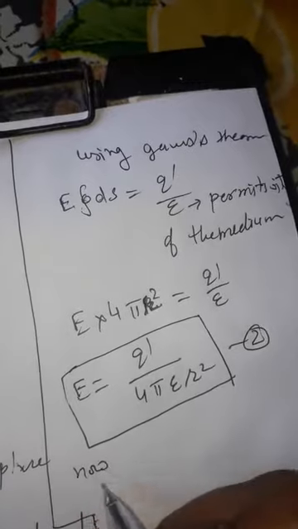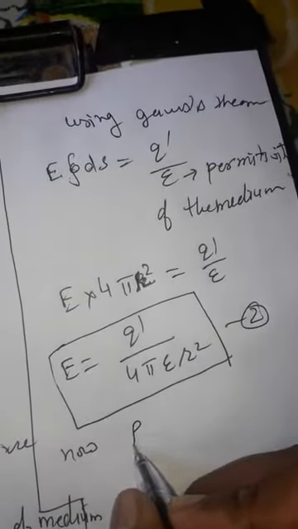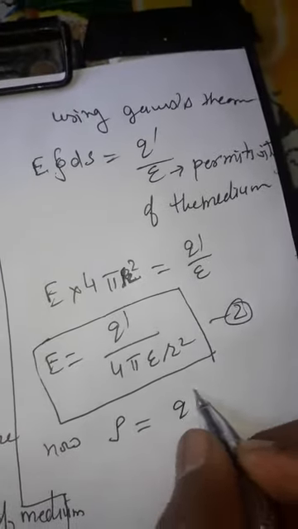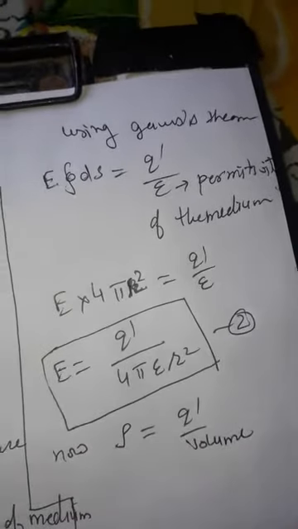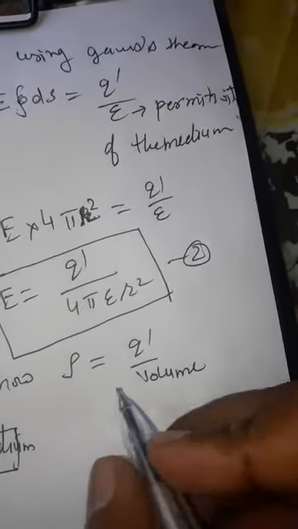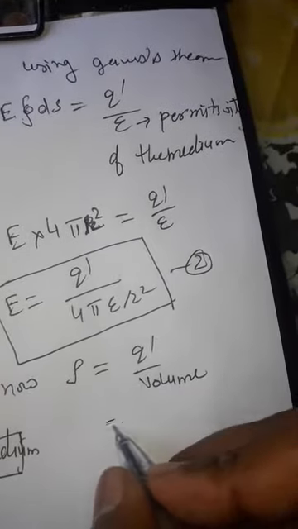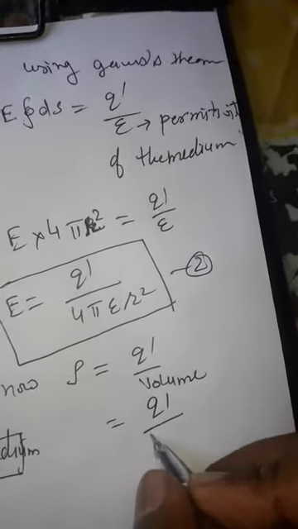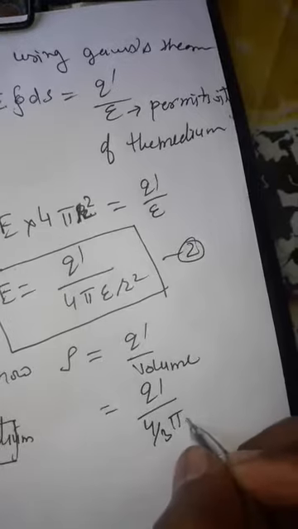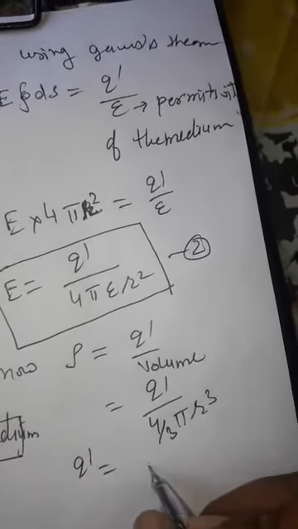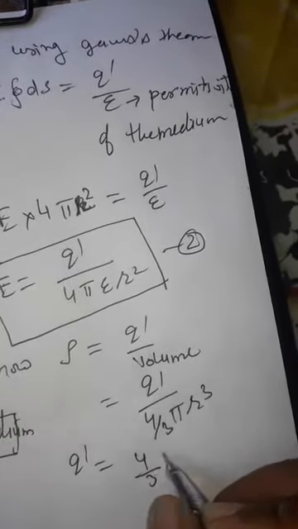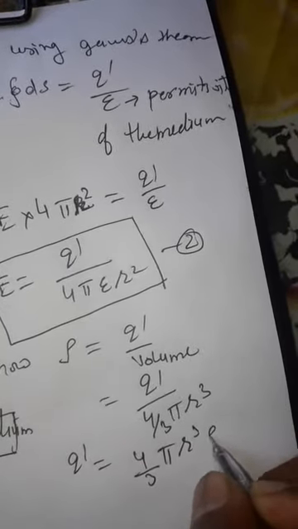Now we know that the volume charge density is the charge per unit volume. The volume of the sphere is 4 by 3 pi r cube, so q dash must be equal to 4 by 3 pi r cube into rho.